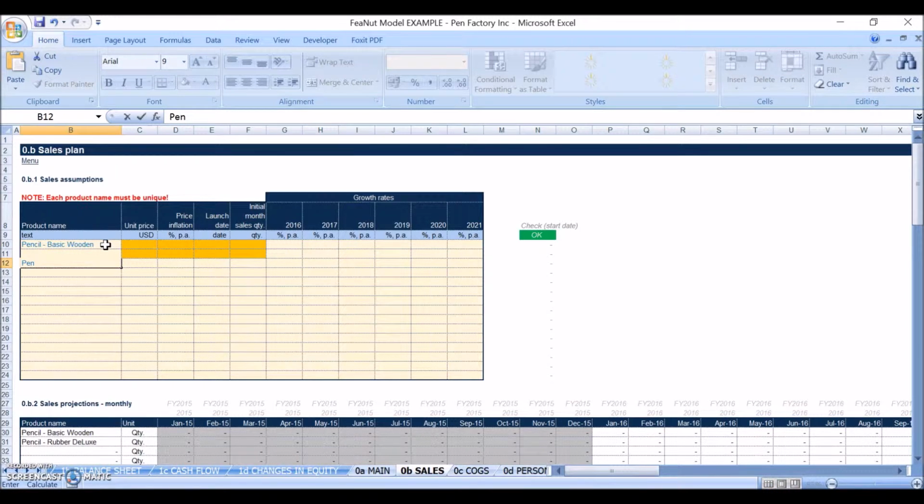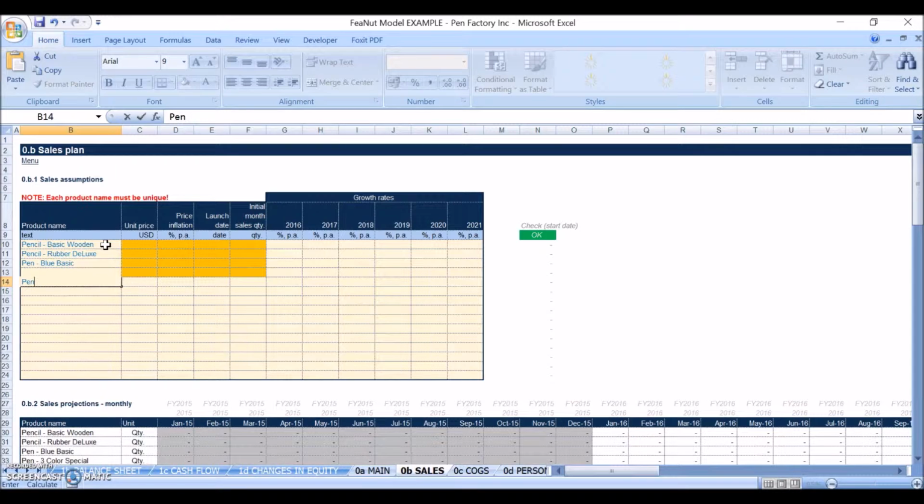So we will have pen blue basic, it's a basic product line, and we will have a pen product line called 3 color special.